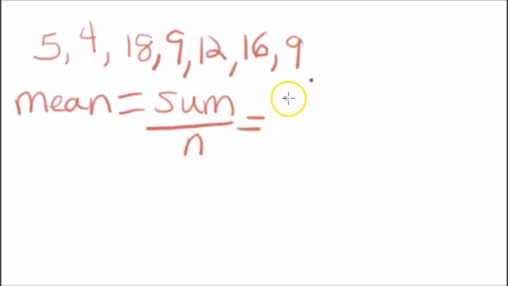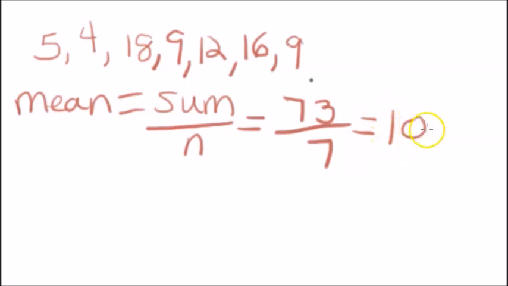So in this case, the sum of all these numbers is 73 over the amount of numbers, which is 1, 2, 3, 4, 5, 6, 7. So then this number in the denominator is going to be 7. So the mean is going to be 10.43.